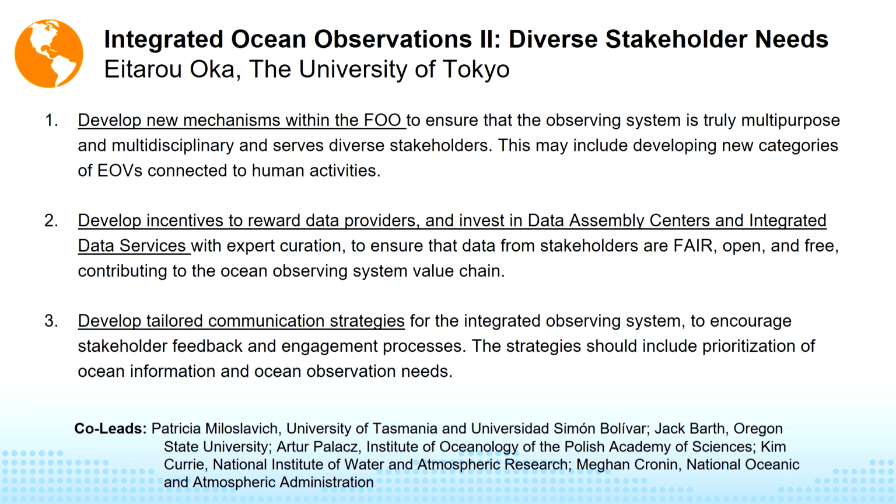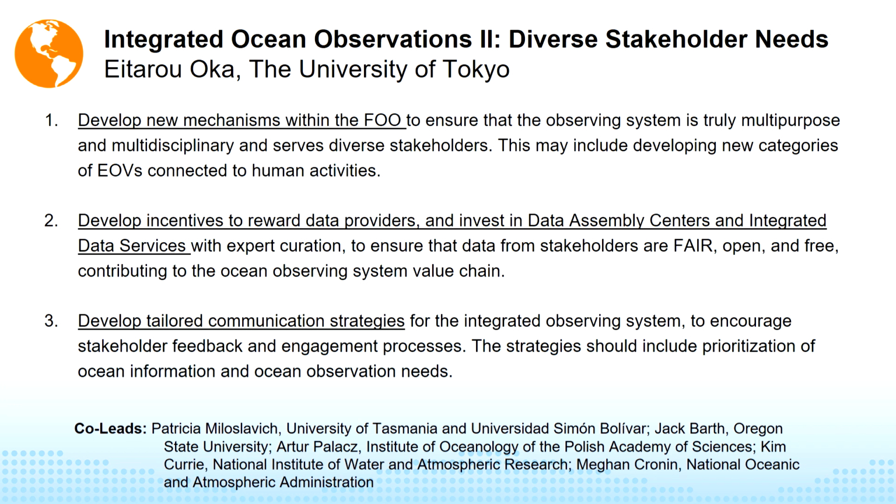The first one is about the observation requirements, and the recommendation is to develop new mechanisms within the framework of ocean observing to ensure that the observing system is truly multipurpose and multidisciplinary and serves diverse stakeholders. This may include developing new categories of essential ocean variables connected to human activities.